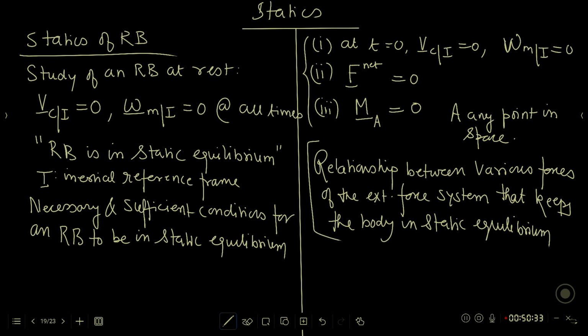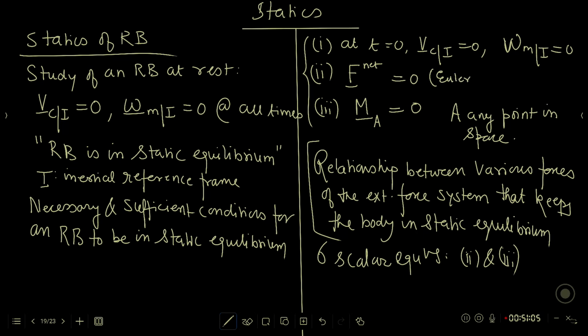If you count the number of scalar equations, it is the same as what we have in the dynamics case. 6 scalar equations coming from 2 and 3. In fact, 2 and 3 are nothing but Euler's first and second axioms. This is coming from Euler's first axiom and this is coming from the modified Euler's second axiom.